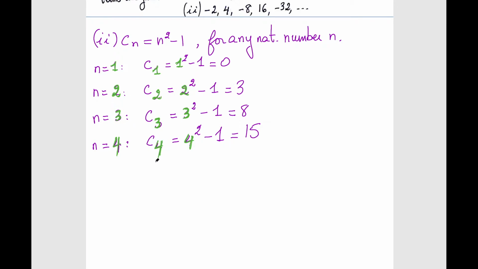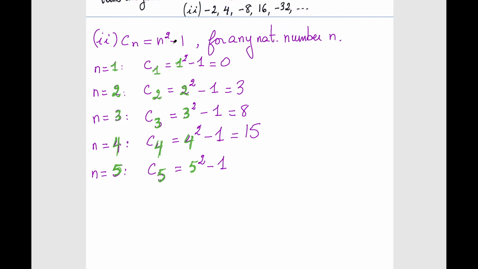How about the fifth term? This is when n is 5, right? When n is 5 now, that's going to be C5. And C5, according to this recipe still, because that's my recipe to generate all the terms, is the square of 5 minus 1.